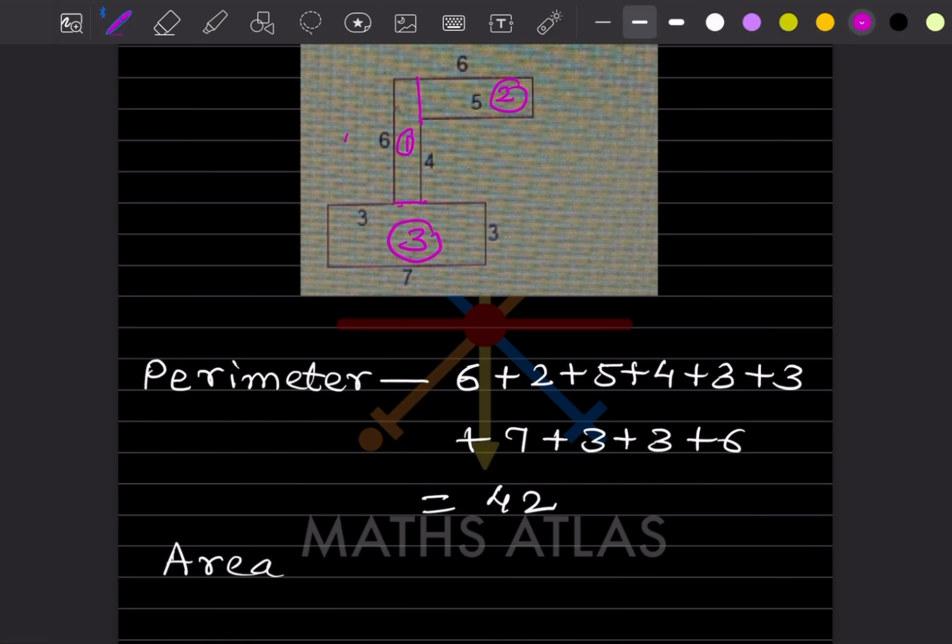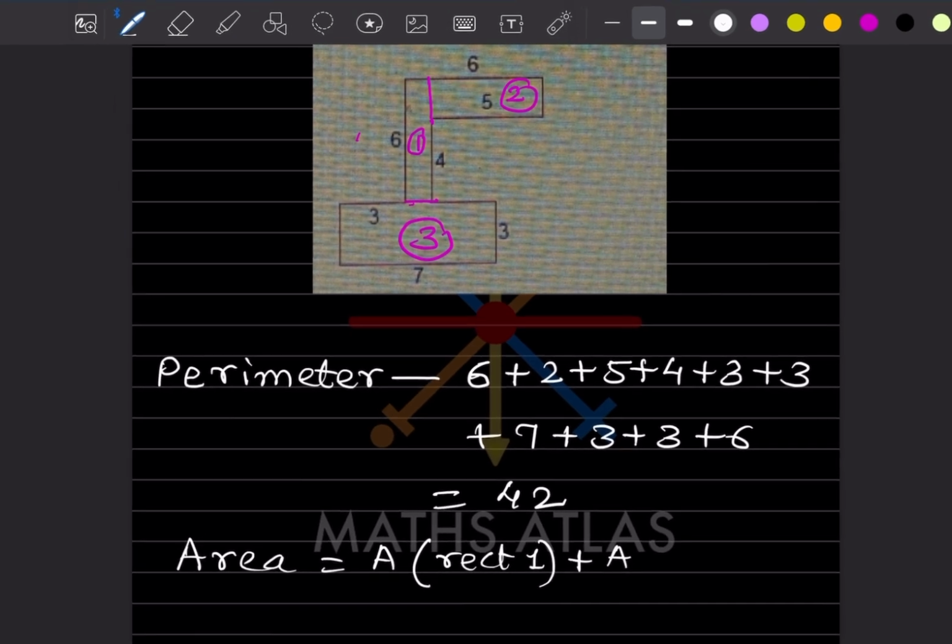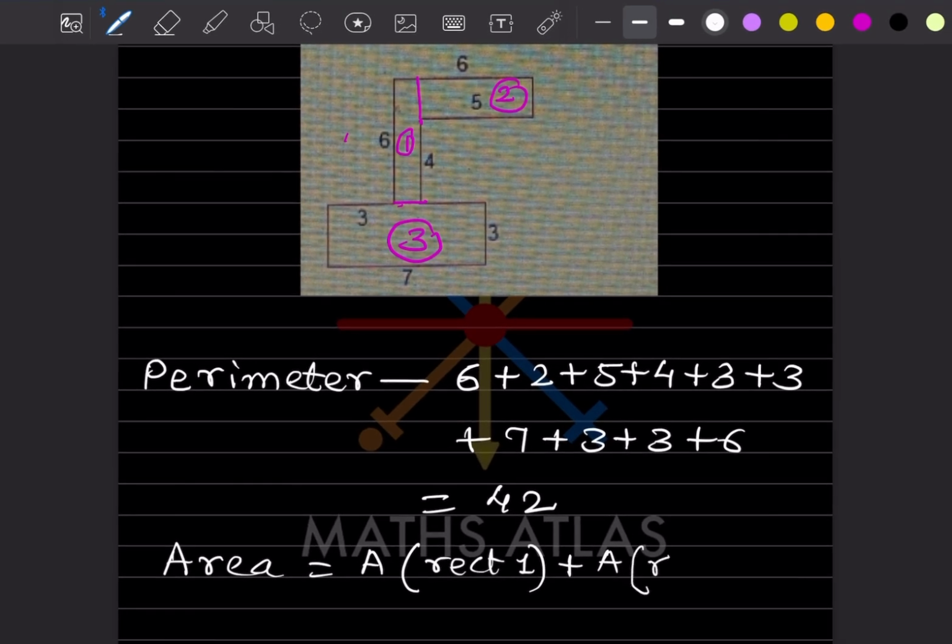Area is equal to area of rectangle 1 plus area of rectangle 2 plus area of rectangle 3.